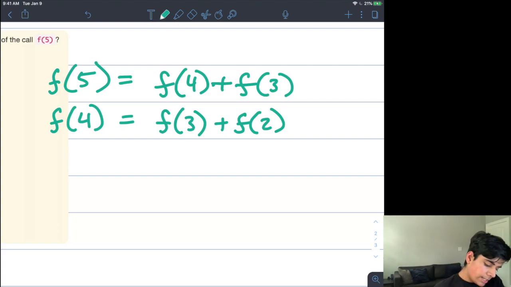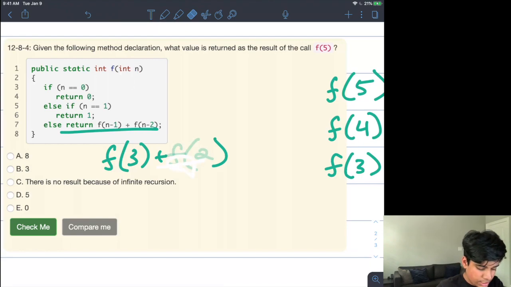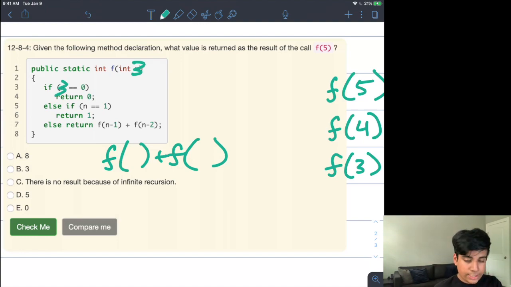Now we need to figure out what f3 is actually equal to, because it's called here, which is the first one, and it's also called up here. So we write f3 equals, and do the same process as with the others. We put 3 as our parameter. Is 3 equal to 0? No, so the first if statement fails.